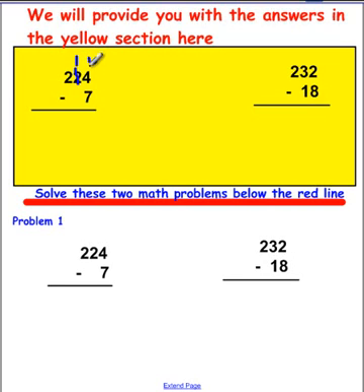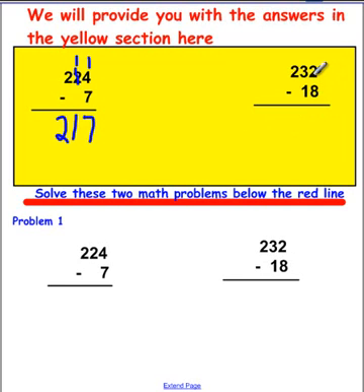We bring a 10 over here, and now that's a 14. 7 from 14 is 7. This is a 1 now, so we bring that down, and we did not touch the 100 column with the 2's. So the answer is 217. Let's look at the other problem.